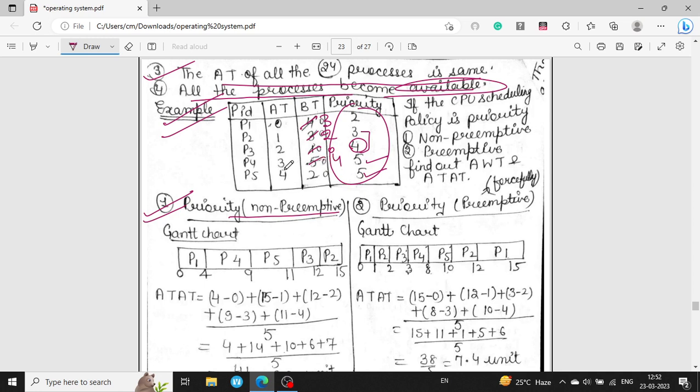after 4 second, because this time will finish, because it is method of preemptive, forcefully. P3. After P3, P4 used CPU for 5 seconds. Then who will come?